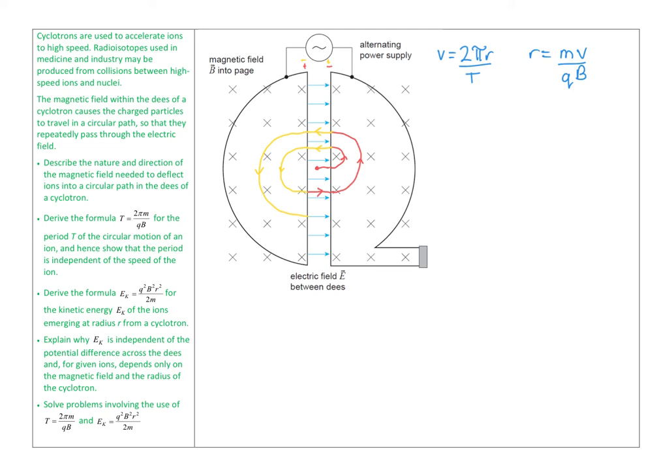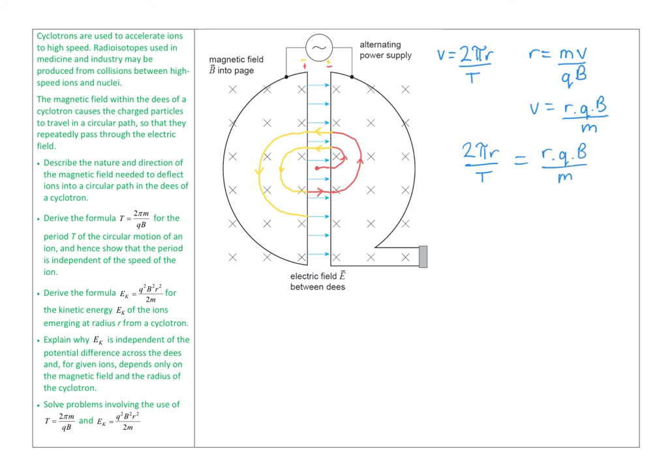So if we rearrange this formula to get it in terms of v, we get v equals r q b over m. I'm hoping you can see how I've done that simple rearrangement. If not, go back to algebra school, please. So we can now equate those two things so that we get 2 pi r on period is equal to r q b on m.